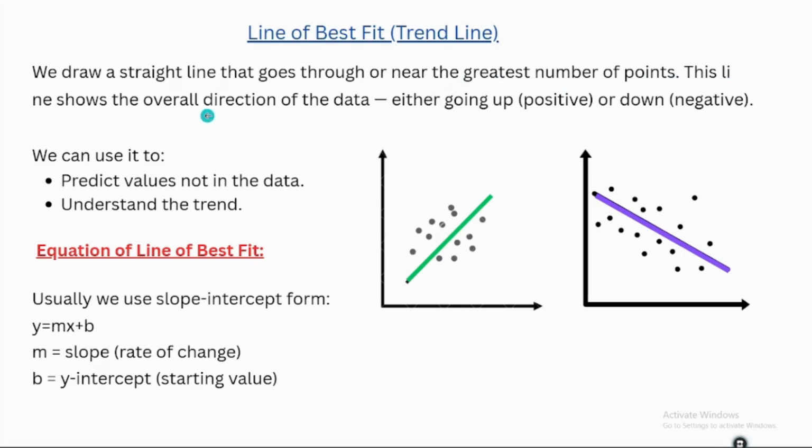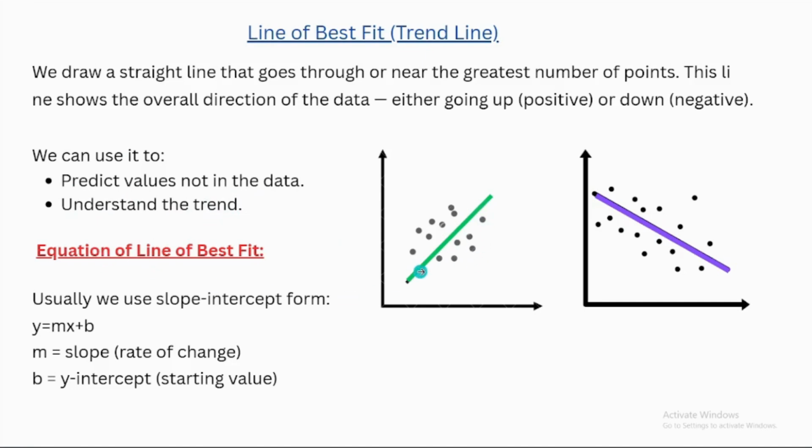This line shows the overall direction of data. Here it represents increasing, here it represents decreasing, either going up, positive, or down, negative. We can use it to predict values not in the data, understanding the trend.